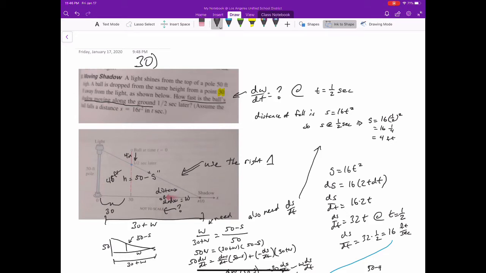But since it's changing, since s is getting bigger, I call the distance from the top of the ball to where the ball has fallen the variable s. So the whole thing is 50, minus the s gives me where that ball is now, and I called that h.